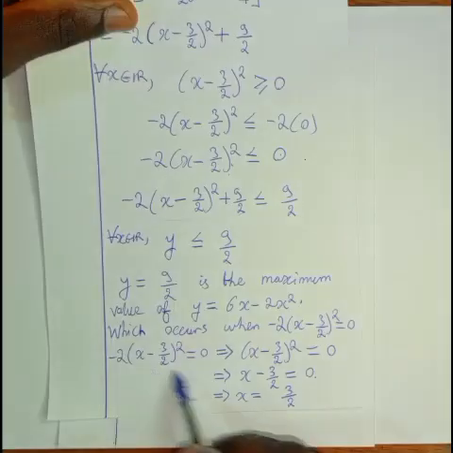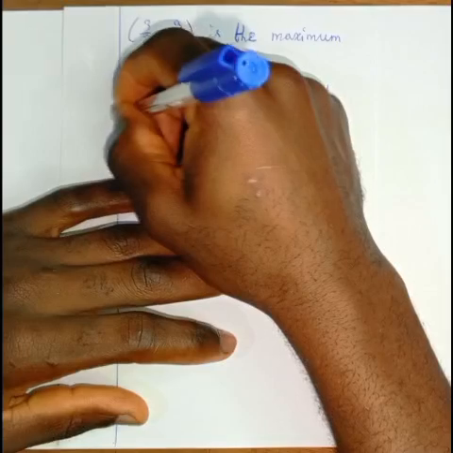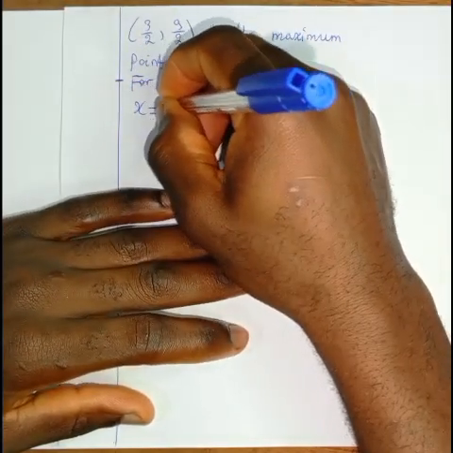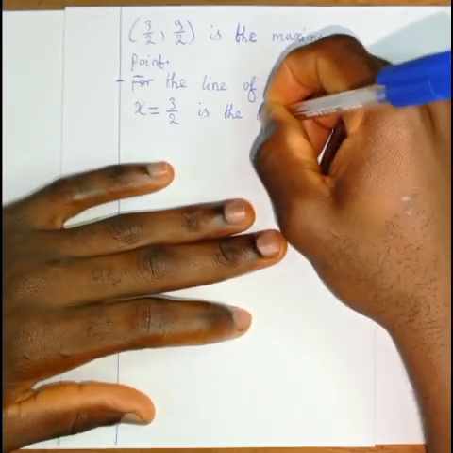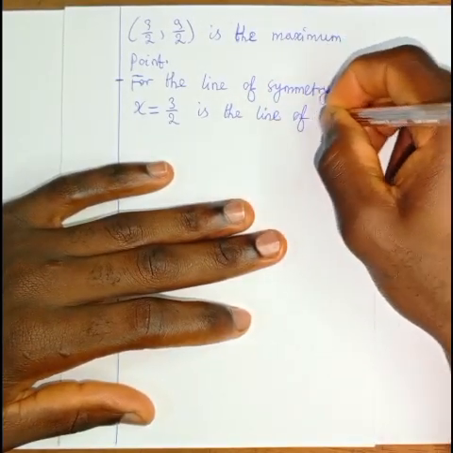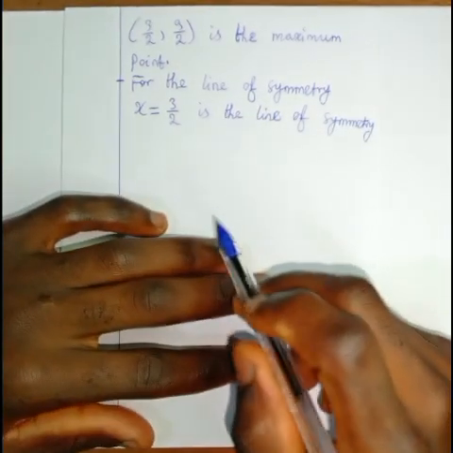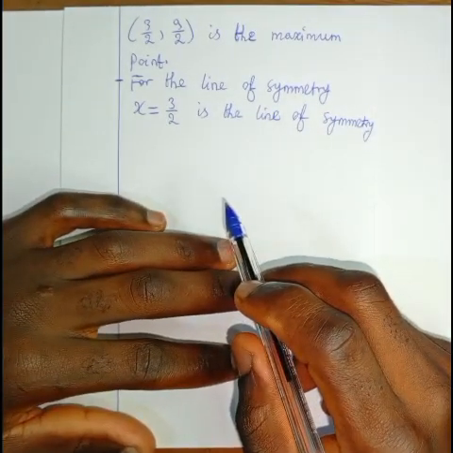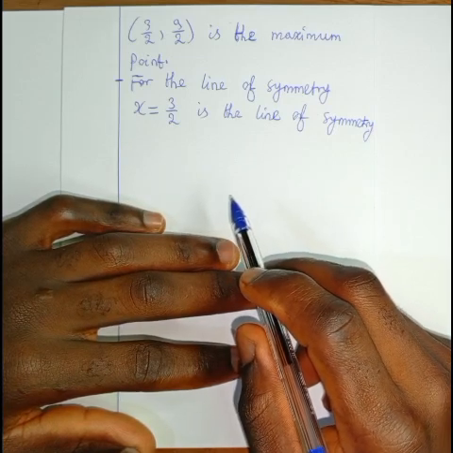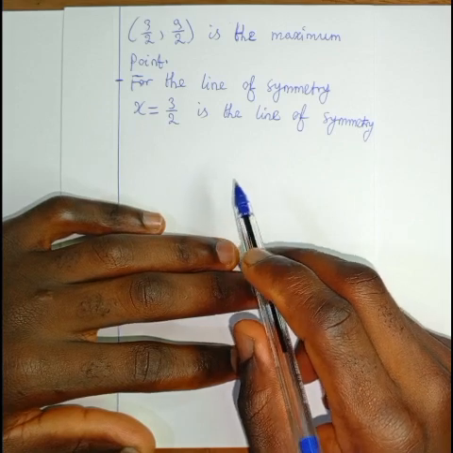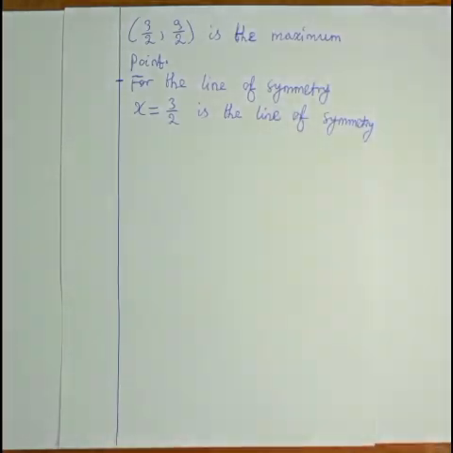Then we solve for x, which is just what we have done. We write x equals 3 over 2 is the line of symmetry. We take note, the x coordinate of the maximum point or the minimum point is always the line of symmetry of the quadratic function.